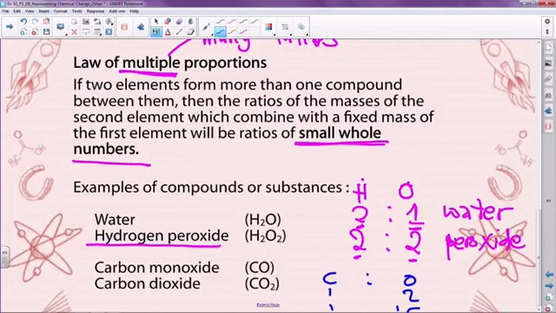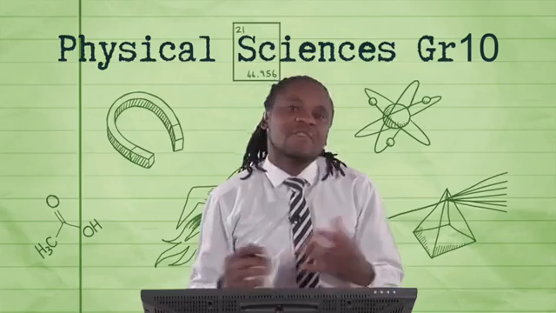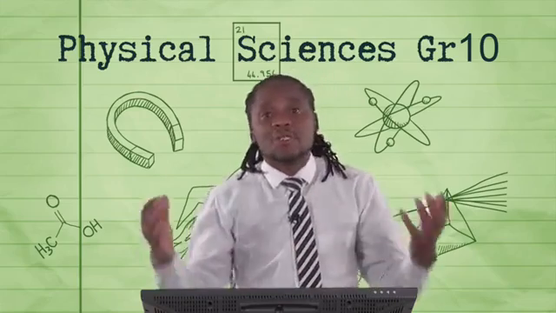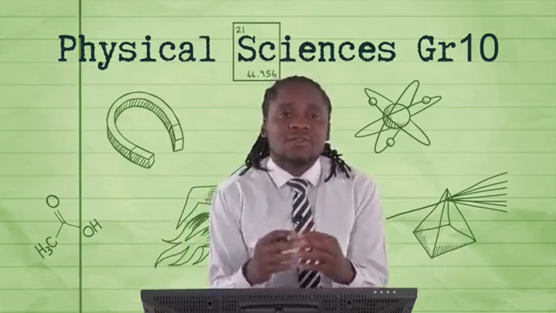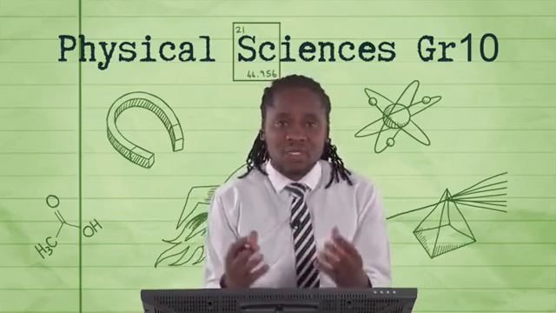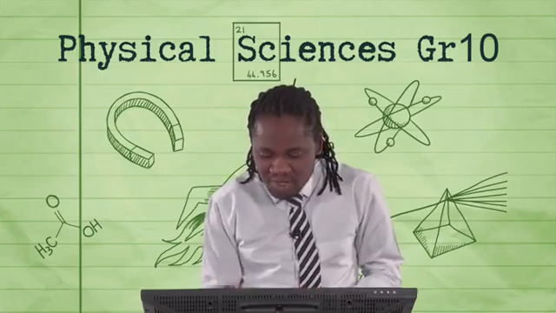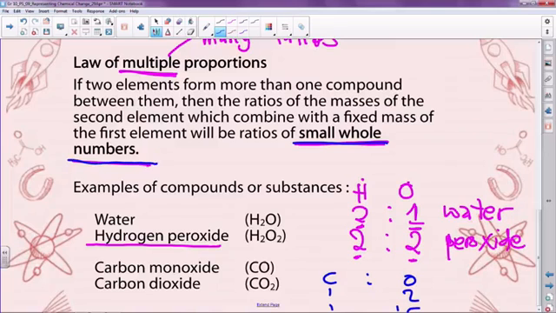So the law of multiple proportions suggests that if two elements form more than one compound, and there are alternatives in the proportions of the ratio, then that's where the law of multiple proportions comes in. But it is also very important to emphasize that these ratios must be in whole numbers.